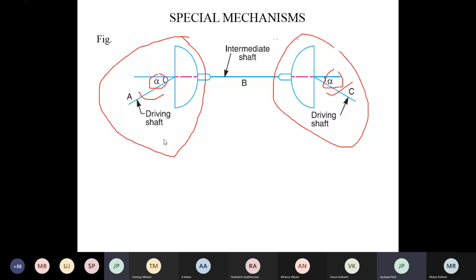I understand all of you. Any doubt? No, sir. Yes or no? Okay. Saurin, आज join नहीं हुआ आज. ठीक है. Okay. Now today I will send the PPTs of basic dynamic and special mechanism.